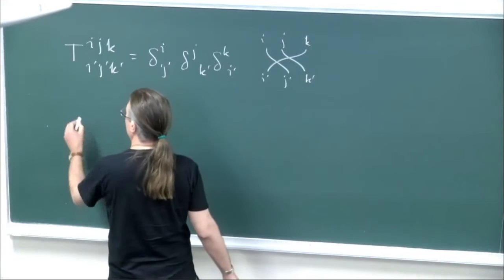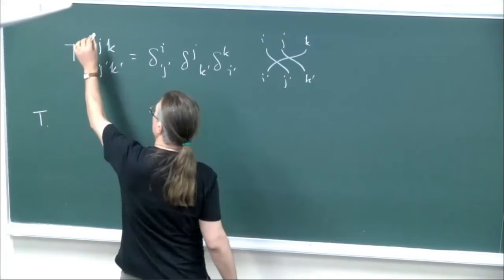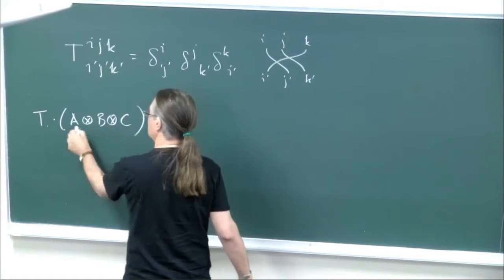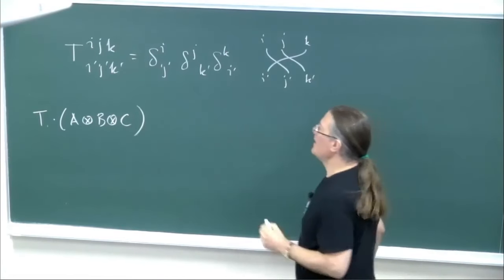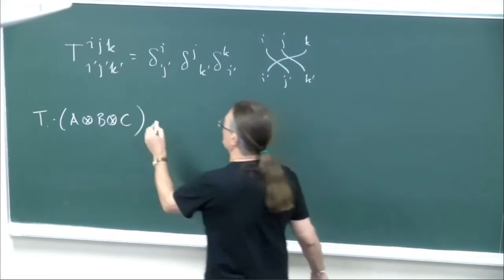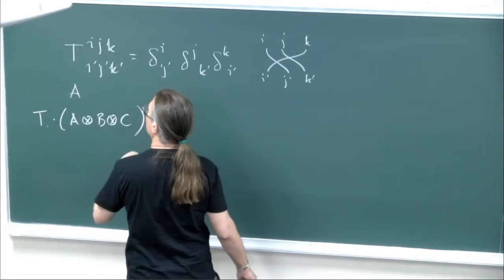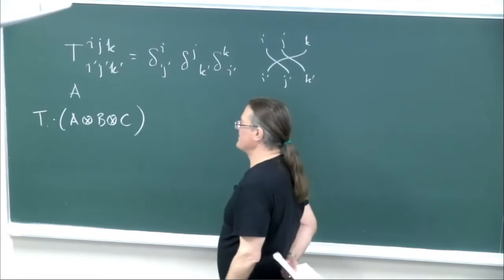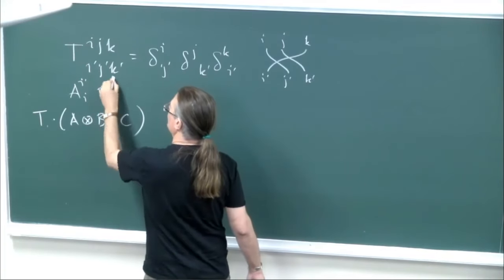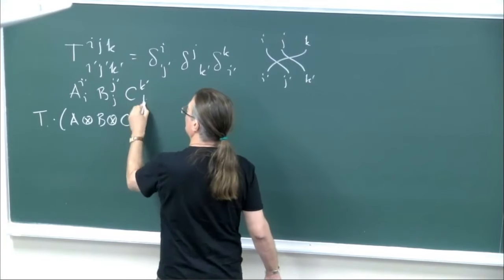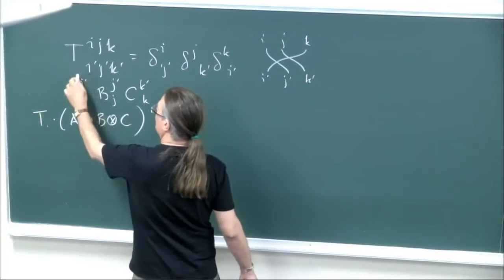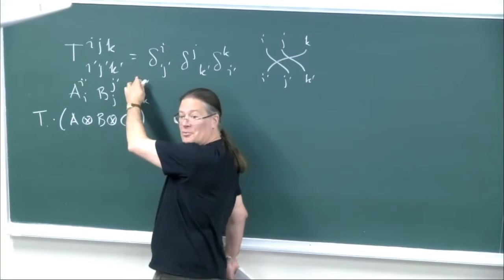So I want to apply this, viewed as an n cubed by n cubed matrix, to the tensor product of three n-dimensional matrices, n by n by n, and what I mean is I'm going to have A i prime i, and B j prime j, and C k prime k, and I've lettered these because I want this to be equal to that, this to be equal to that, and this to be equal to that, as I would do with matrix multiplication.